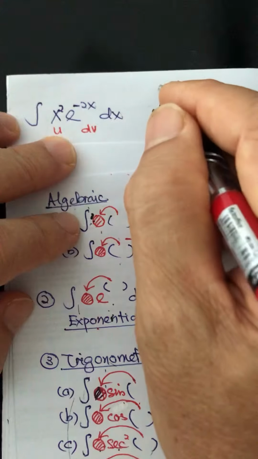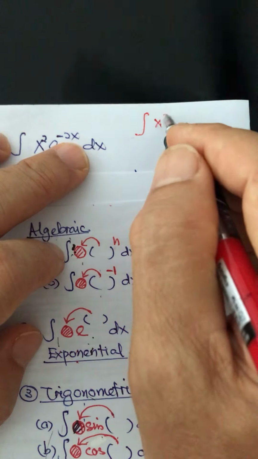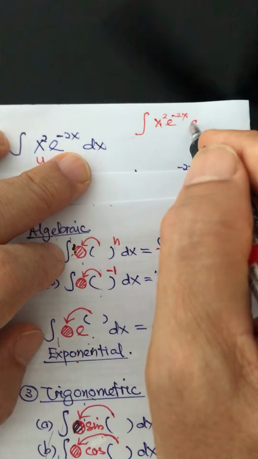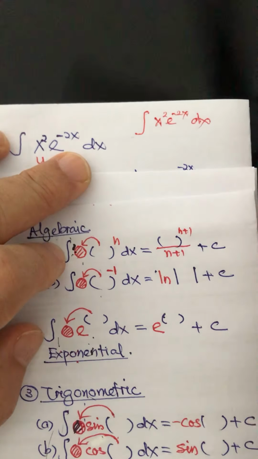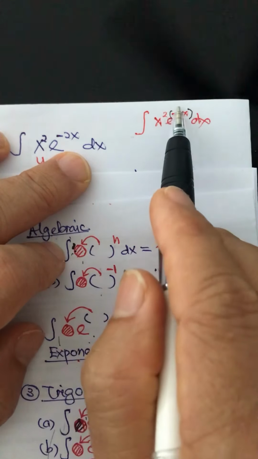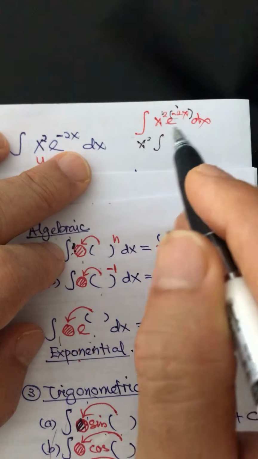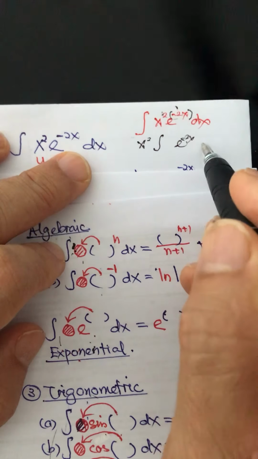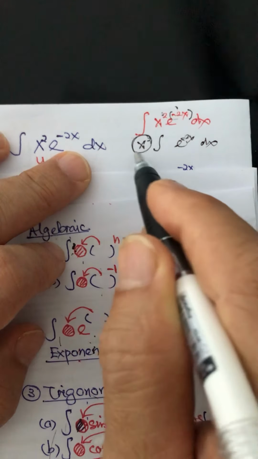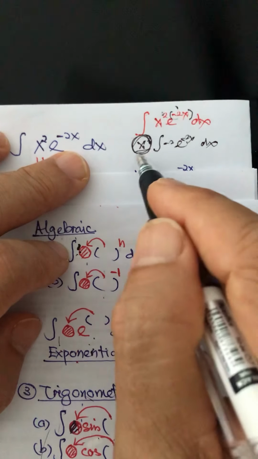Why? Because this is x squared e^(-2x) dx. Because when I differentiate this one, the bracket is here, I get negative 2. That means this x squared has to be pushed out. Then this is already wrong.